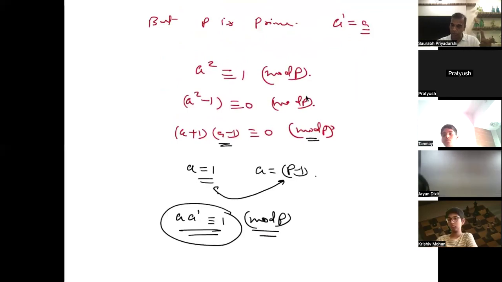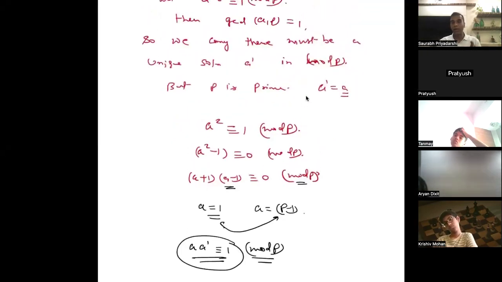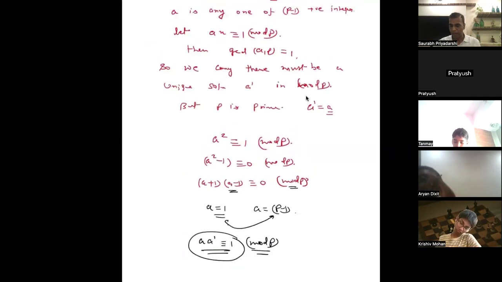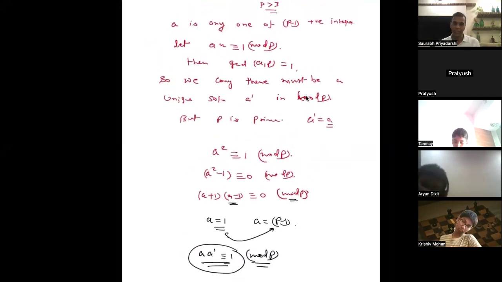In a converse way, we have proved that every time we'll get a unique number, a unique set of a and a', such that the product of both will be congruent to 1 mod p, if we are not taking the numbers 1 and p − 1. I hope everyone is understanding this. Is this okay?